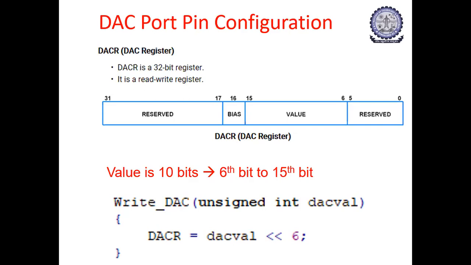At bit number 6 to bit number 15 is where the data to be converted is placed. So when we write DAC, the digital value will be shifted to the sixth position, so that the data of 10 bits is written into that particular location. DAC value stands for the digital data we are writing to the DAC control register. That means the value to be converted is loaded into the control register first.